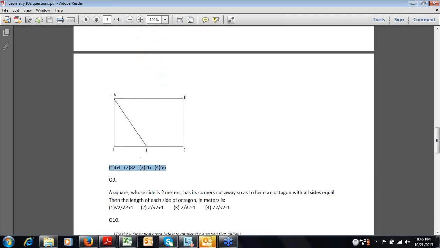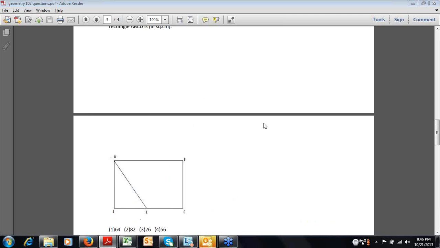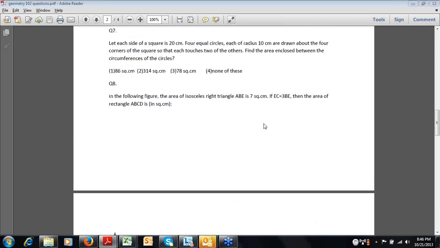Question number 8 has a figure in place. So question number 7 and 8, 5 minutes. It's 8:46. At 8:51, we'll review these questions. If you have any doubt in the previous questions, you can ask right now.